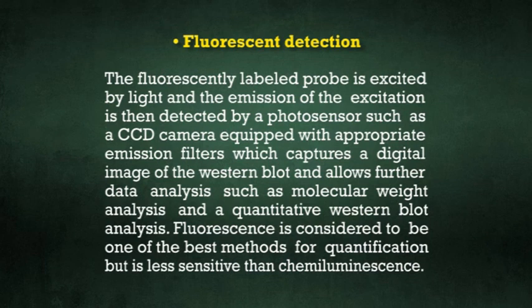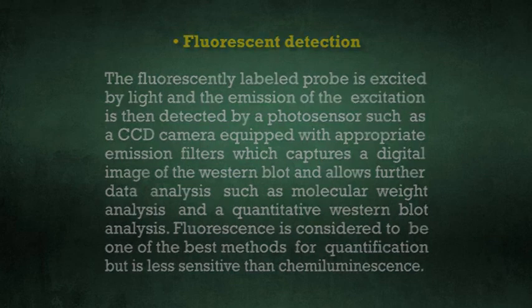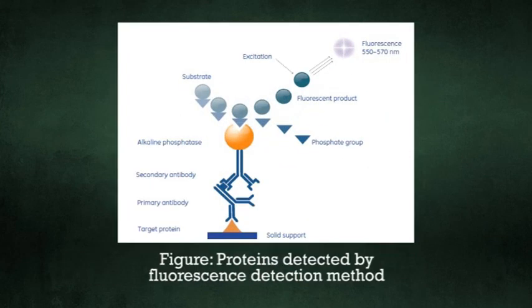Fluorescence is considered to be one of the best methods for quantification, but is less sensitive than chemiluminescence. And this is the figure of proteins which are detected by fluorescence detection method.